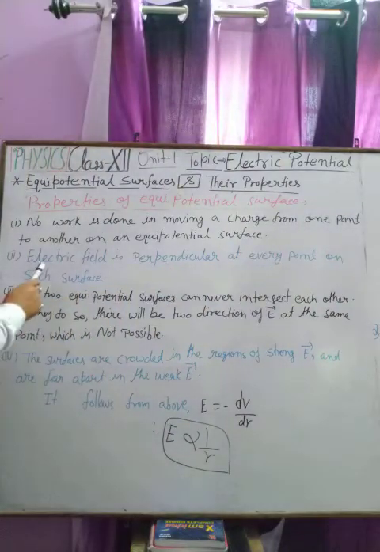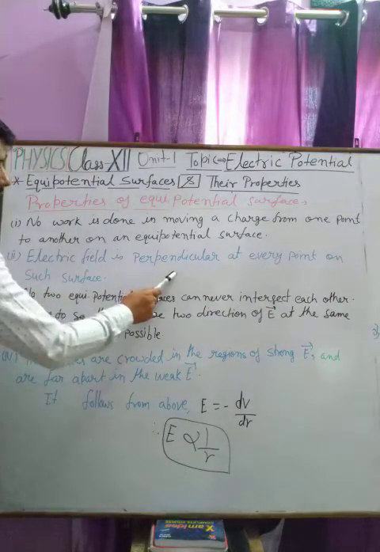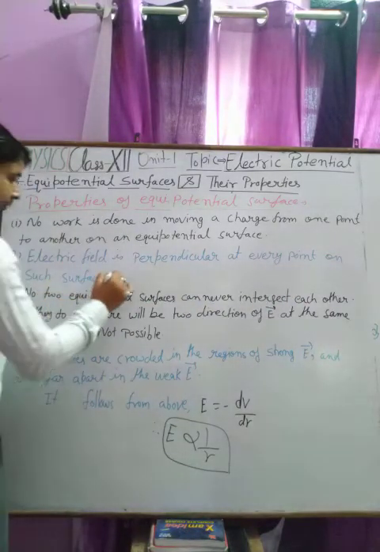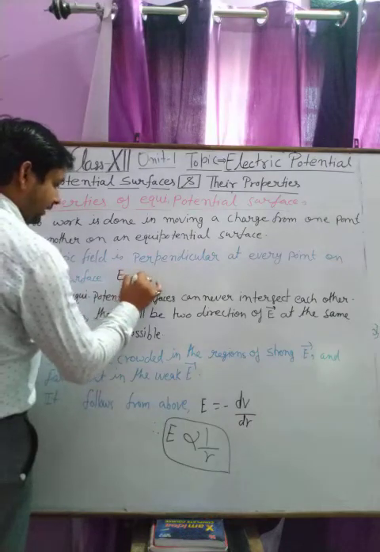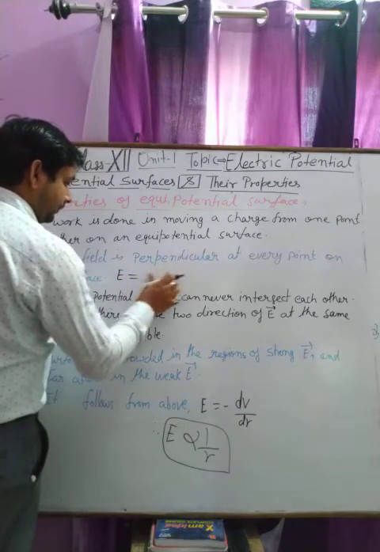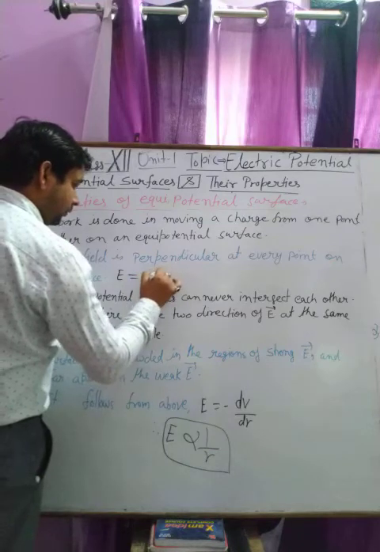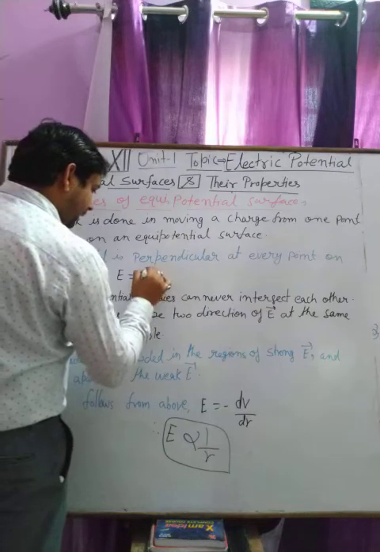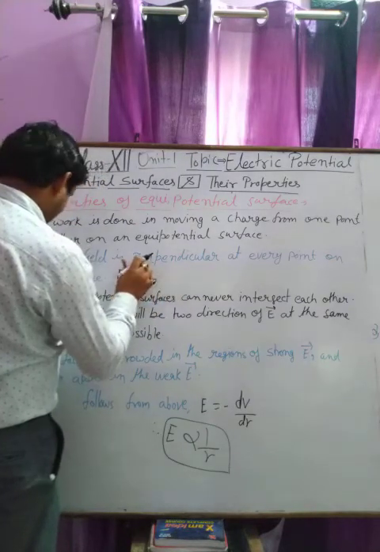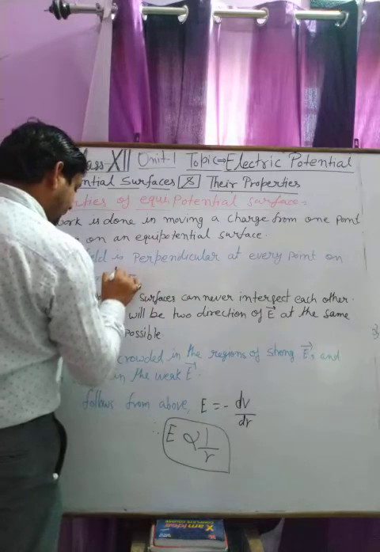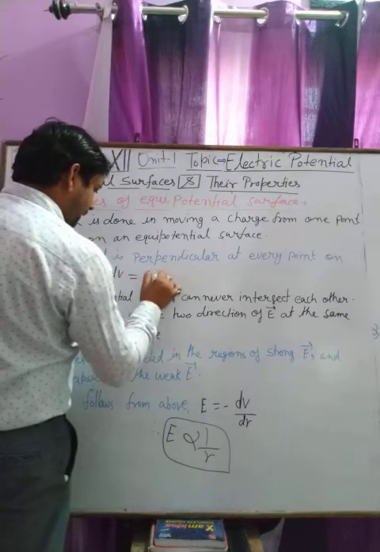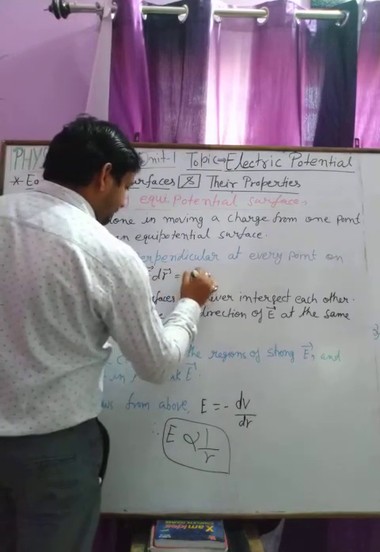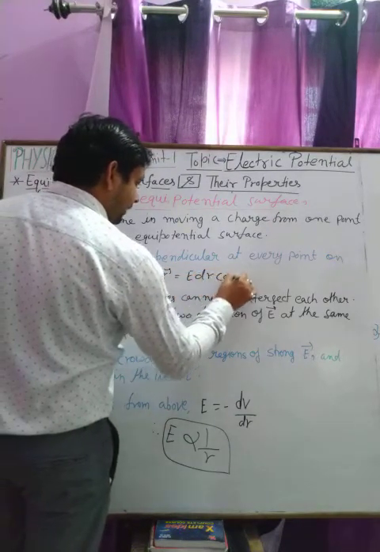Second, electric field is perpendicular at every point on such surfaces, because we have dV equal to E dr. On solving we get E dr cos theta.